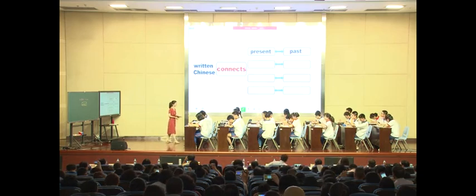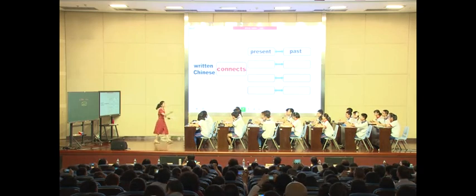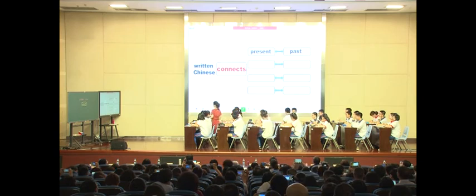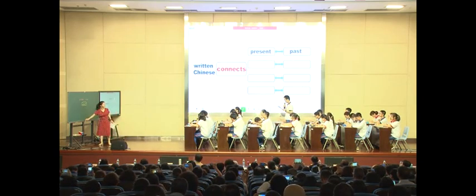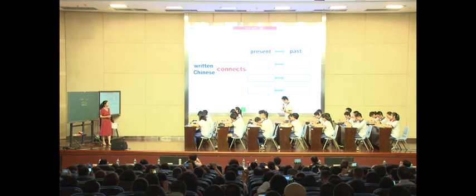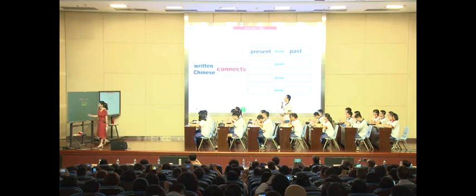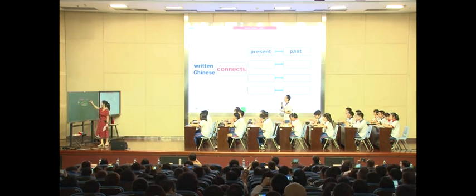Can you finish your discussion? Anyone want to share your opinion with us? How about the boy first? Our group discussed that written Chinese connects life and art form. Life and art, you mean?